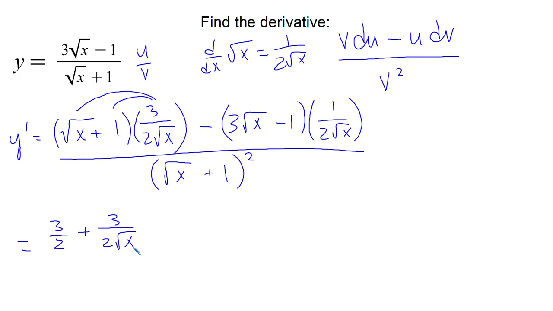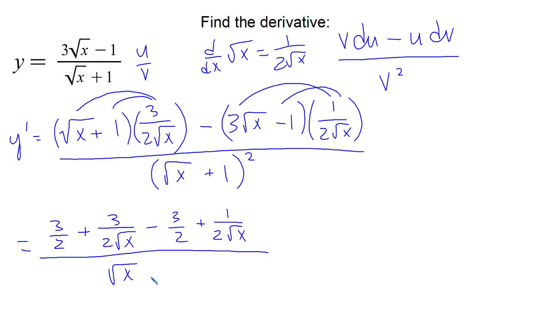And then as we distribute the other pieces out, we've got a minus 3 over root x times a 1 over 2 root x, so the root x's will cancel, so that just becomes minus 3 over 2. That's nice because that looks like it's just going to cancel out with the 3 over 2 that we had. And then we do the minus 1 with a minus in front, so it's really a plus 1 times 1 over 2 root x, so plus 1 over 2 root x all over root x plus 1 squared.